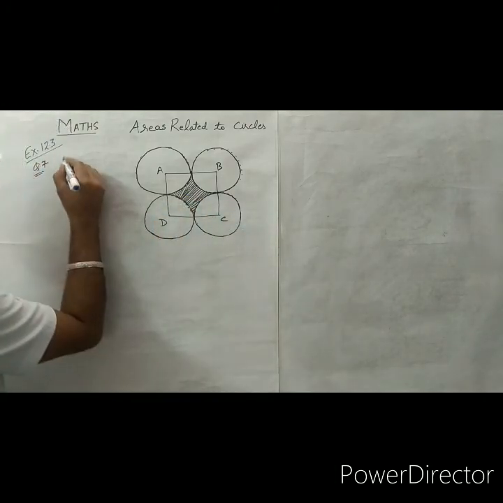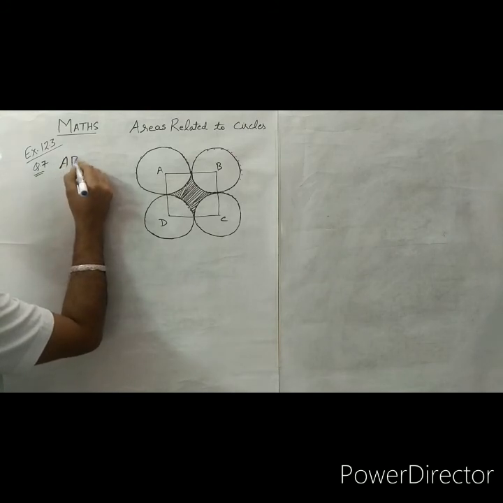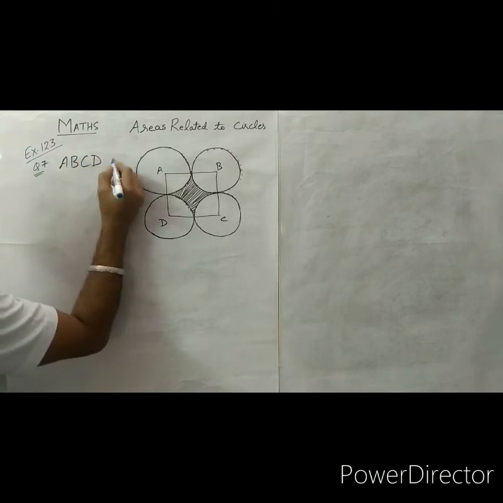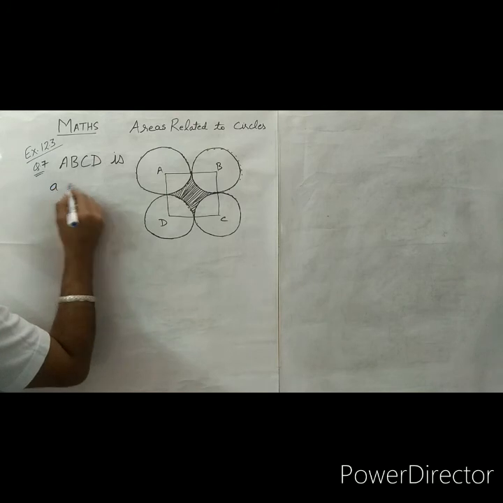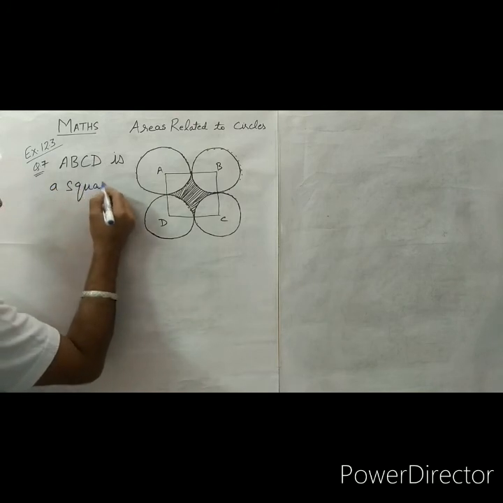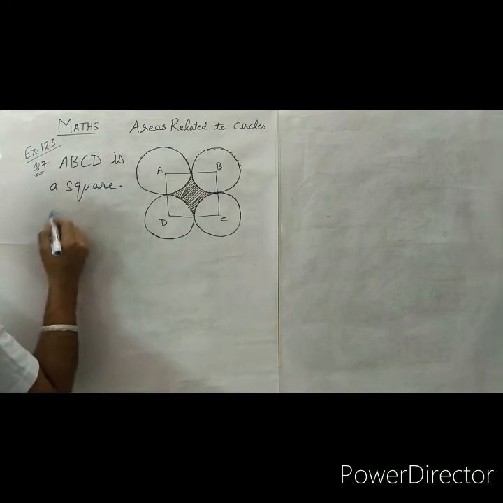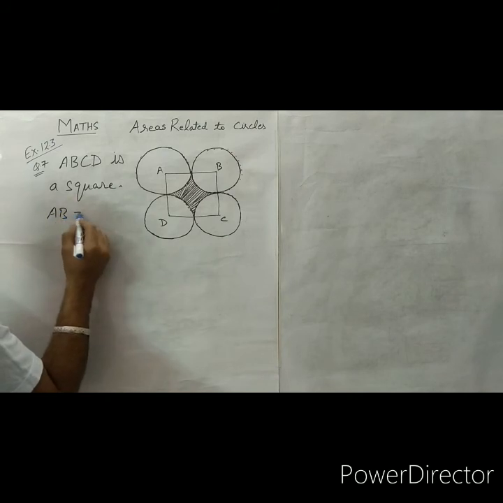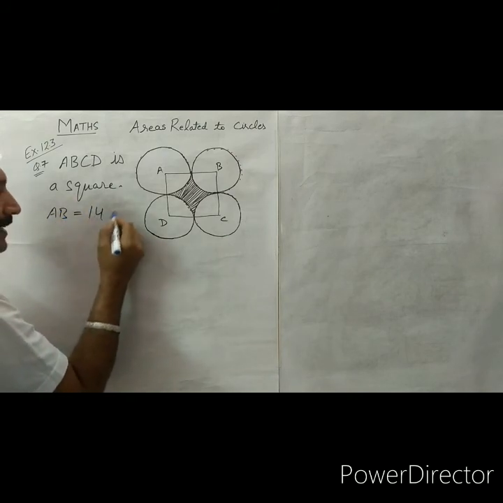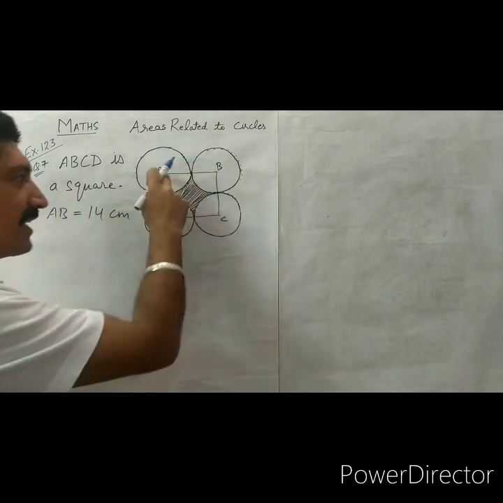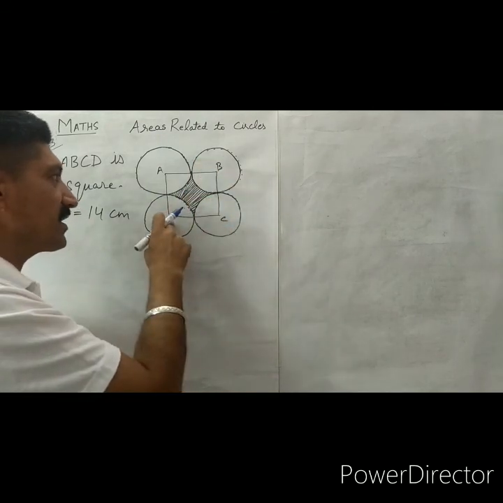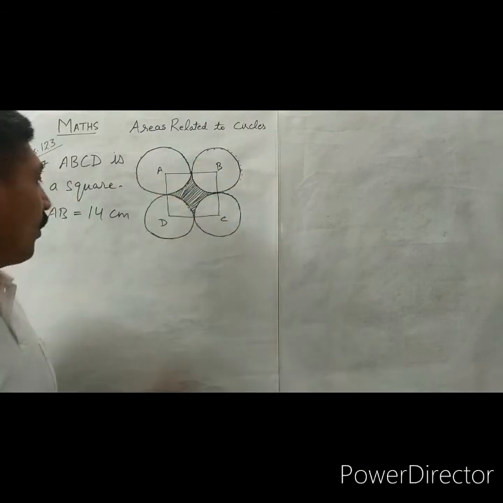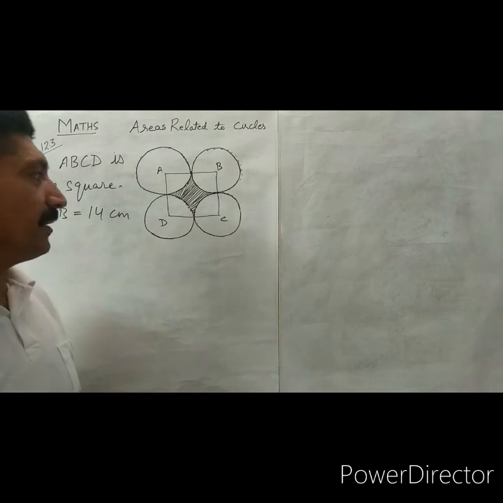So here, what is given? ABCD is a square with the side AB equal to 14 centimeter. All sides AB equal to BC equal to CD equal to AD are 14 centimeter.